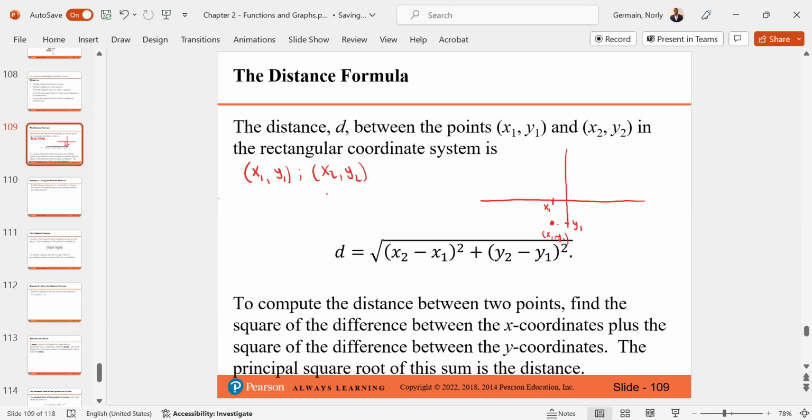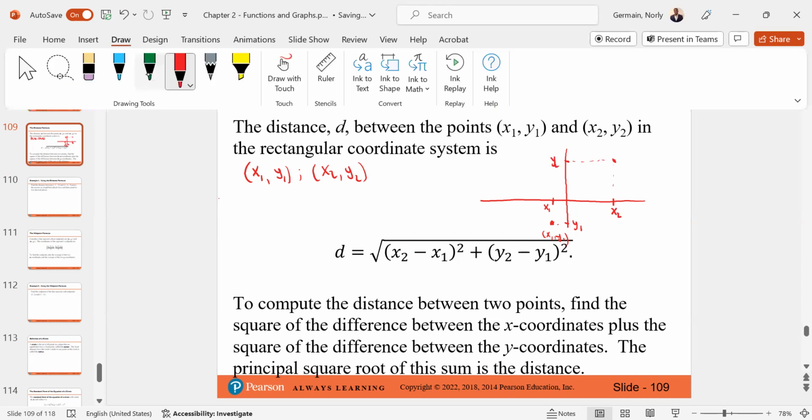And the second point, let's suppose, is x2 here, and when I plug it in the function, it gives me y2 here. When I put these two together, it's right there. So my goal now is to find this distance.